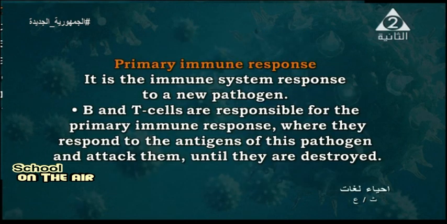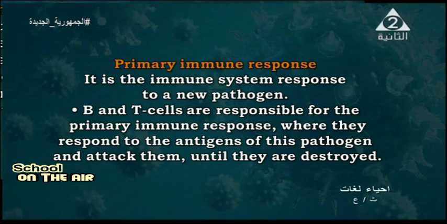What is the primary immune response? It is the immune system's response to a new pathogen. B and T cells are responsible for the primary immune response, where they respond to antigens.